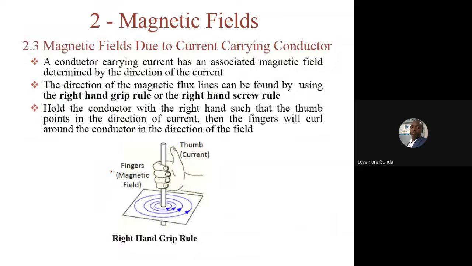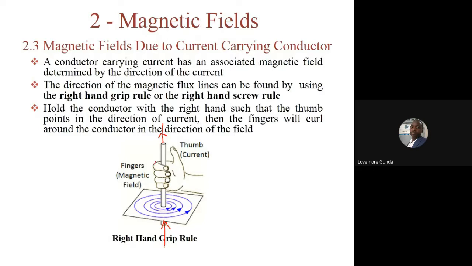Then we also have magnetic field due to a current carrying conductor. So if a conductor is just carrying current, it has an associated magnetic field, right? Again, we use the right-hand grip rule or the right-hand screw rule, right? So what do you do? You just grip the conductor such that the thumb points in the direction of the current through the conductor. So in this case, the current will be moving up.